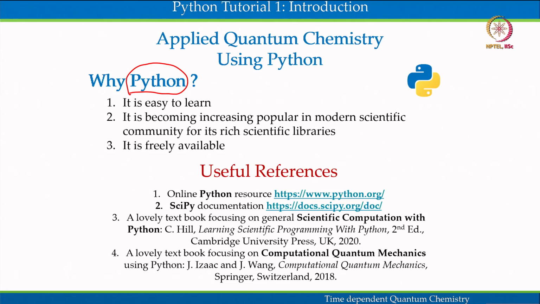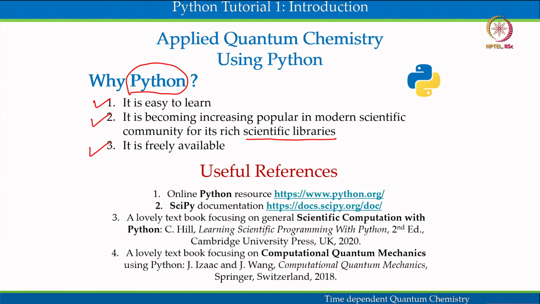It is easy to learn. It is becoming increasingly popular in the modern scientific community for its rich scientific libraries. It has been developed for a long time to support the scientific community, and most importantly, it is freely available.